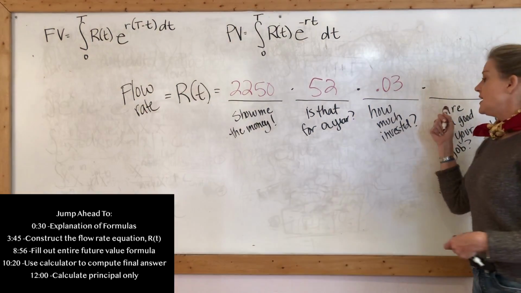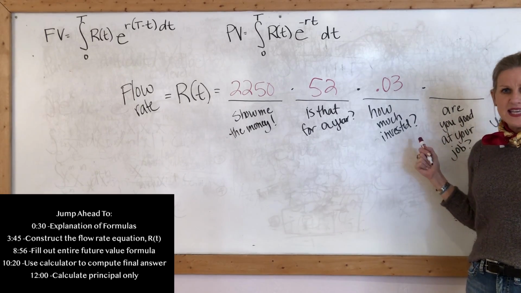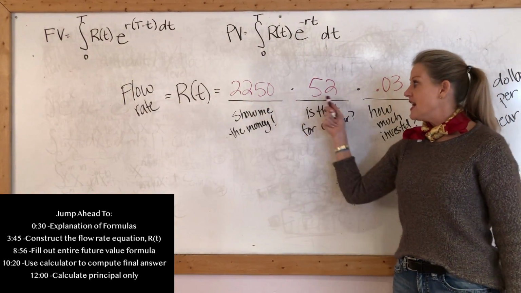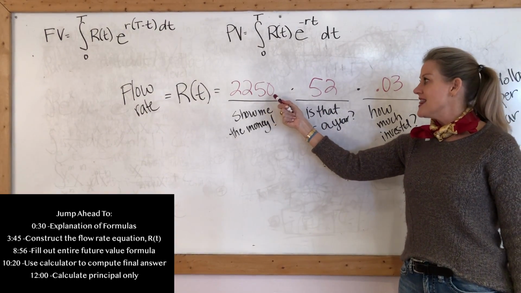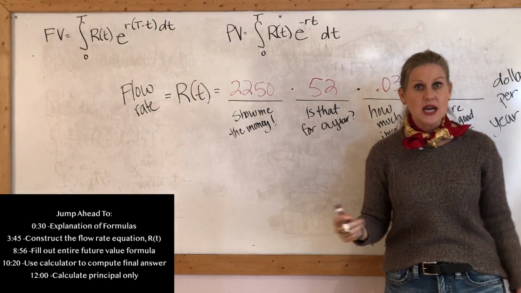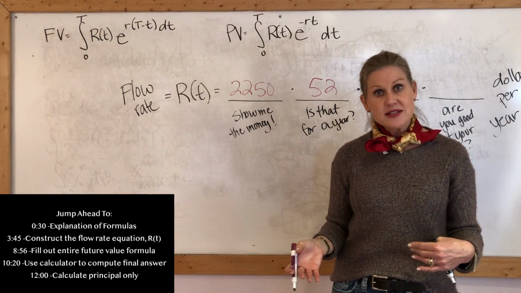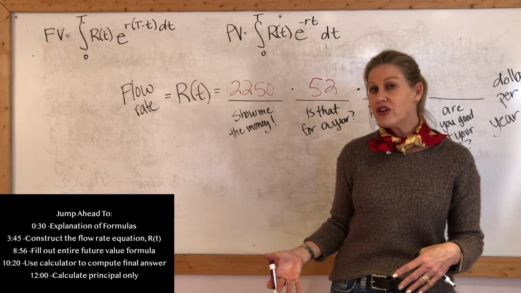The fourth question, I call it, are you good at your job? And what this means is sometimes in the problem, there is an expectation or a written down part that says this available money over the course of the investment will either increase or decrease. And it could either increase by a constant amount every year.